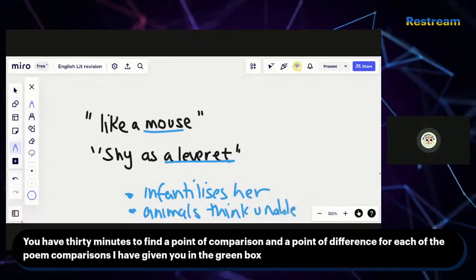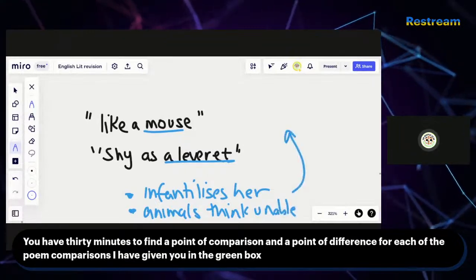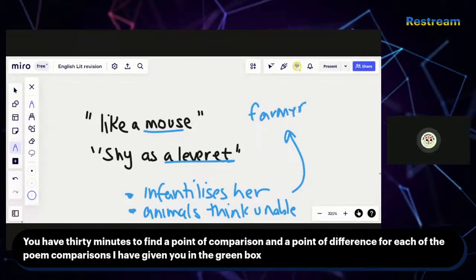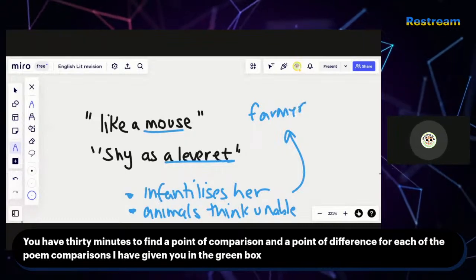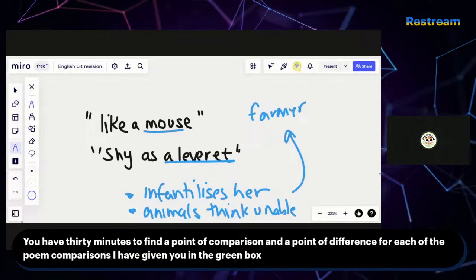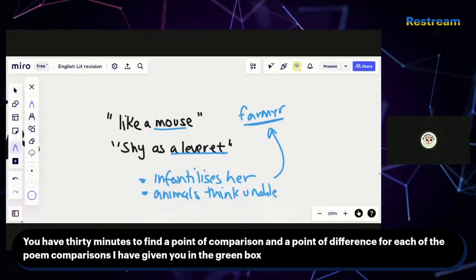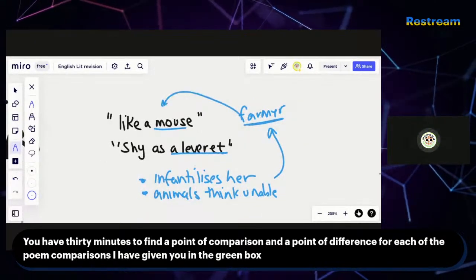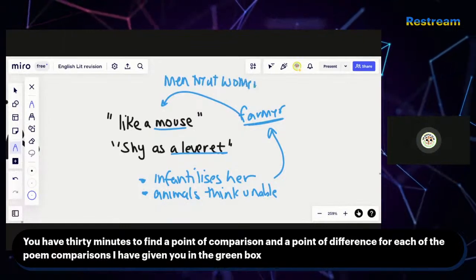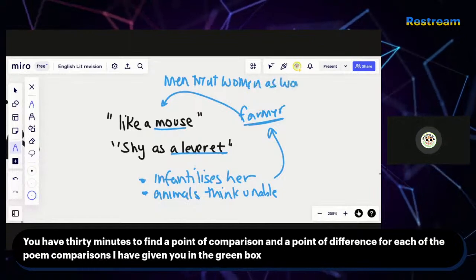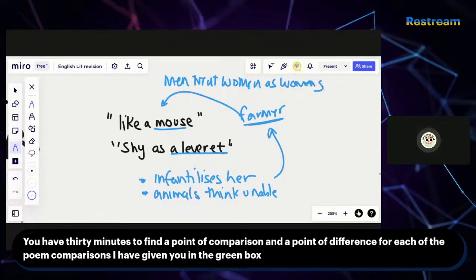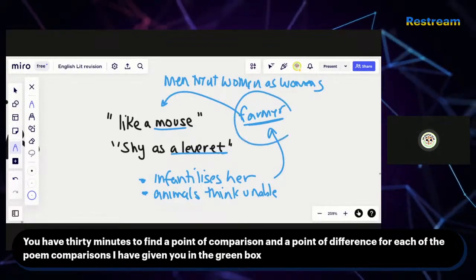And it runs closely to this idea that the farmer, whose occupation is to look after animals, treats his wife as an animal, and how men often treat women as animals. And that's what the poet, who's a female by the way, is critiquing about the society. And that is her aim.